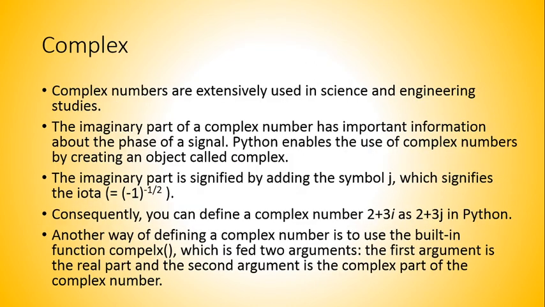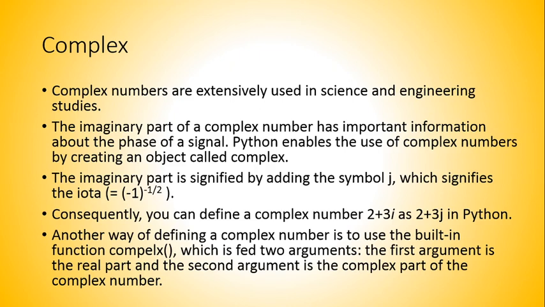the complex data type. Complex numbers are extensively used in scientific and engineering studies. The imaginary part of a complex number has important information about the phase of the signal. Now Python enables the use of complex numbers by creating an object called complex. The imaginary part is signified by adding the symbol j.